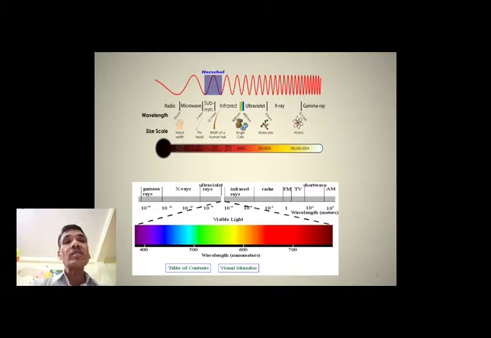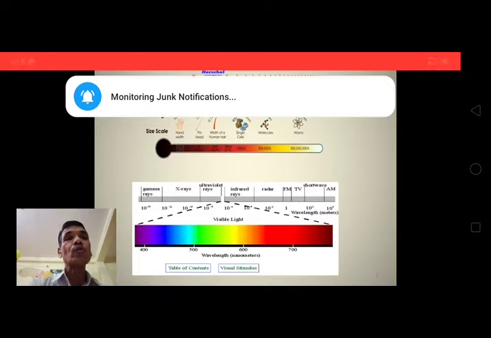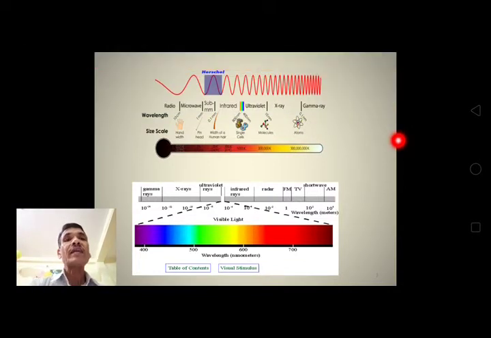Along these different regions, the wavelength of radiation goes on increasing from gamma rays to radio waves, and therefore the frequency as well as energy of radiation goes on decreasing in this direction. Here a spectrum of visible radiation is shown, which lies between 400 to 800 nanometer.